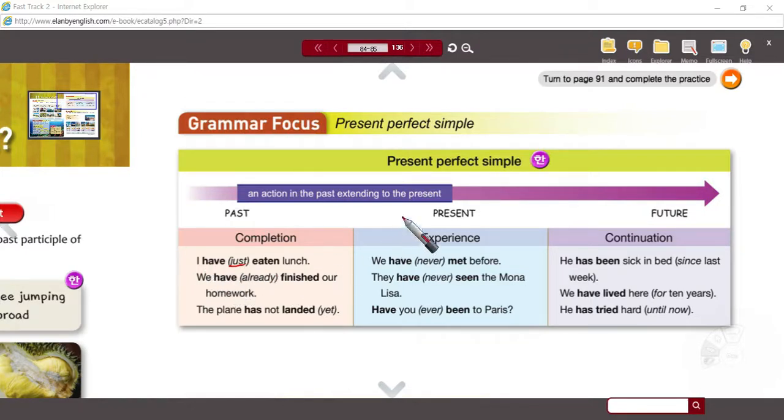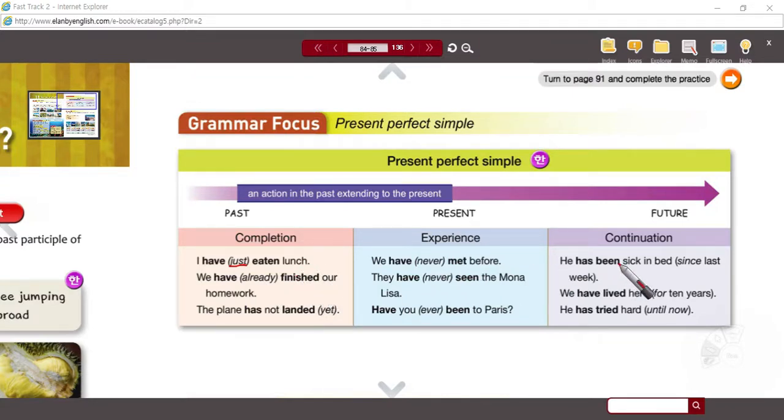I have eaten lunch is a very vague term in the past, but just eaten sounds like just now. So you are conveying the idea that recently, very recently, you ate your lunch. Okay. So I have just eaten lunch. I just ate lunch. So very similar meanings, different grammar, but similar communication.